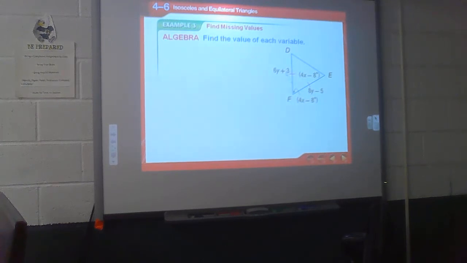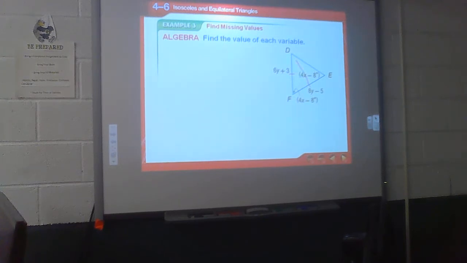So can I find my y? I can find my y because the sides are definitely congruent, right? So what do I do with my quantities of y? Set them equal to each other, and then we just do the math. You want to see the math for the y's? So can we figure out the x's? Because if this side is congruent to this side, that means the diagonal angles should also be congruent, right?